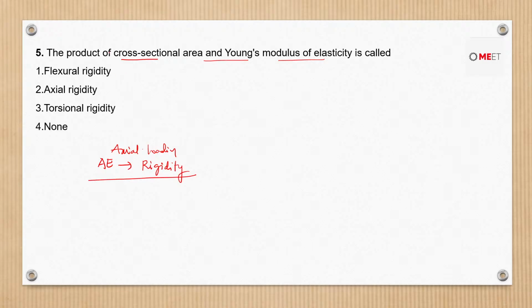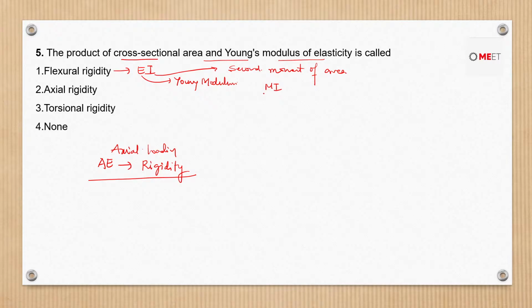In the same way, flexural rigidity is the product of E and I, where E is Young's modulus and I is the second moment of area, or moment of inertia of area.